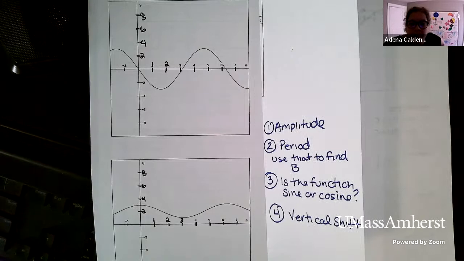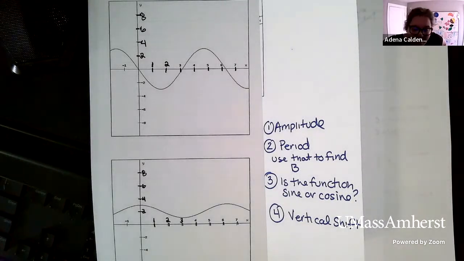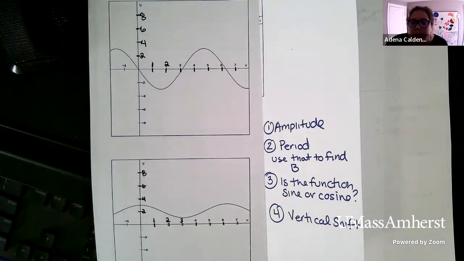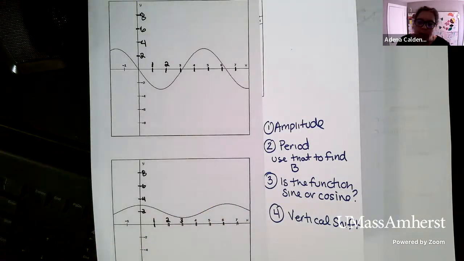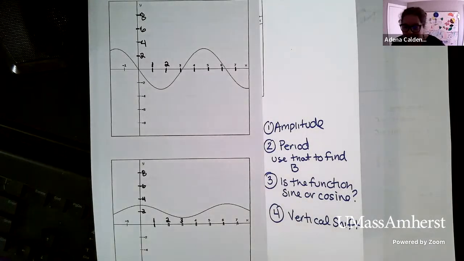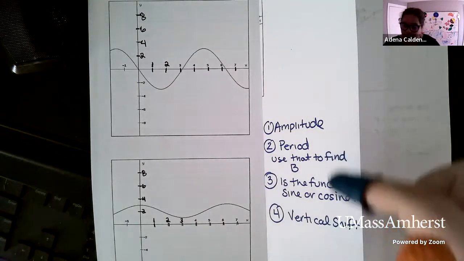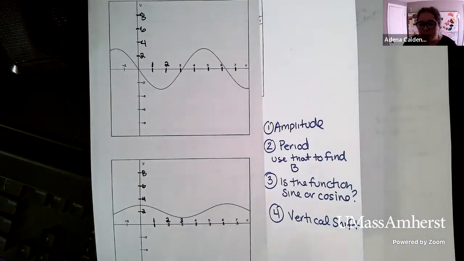So I'm going to give you about 3.5 minutes to try to find the general formula for these 2 functions. If you can't find the whole formula, it's okay. If you can find some of these pieces, that's great. So maybe you can find the amplitude and the shift, or maybe you figure out if it's sine or cosine, right? But try your best to see what you can figure out from these and see what you can put together.